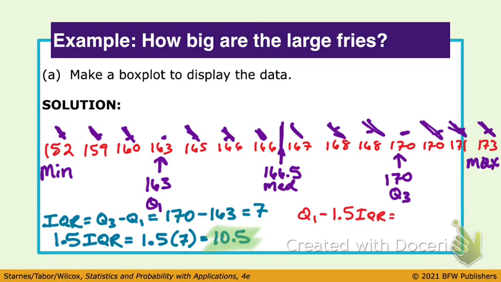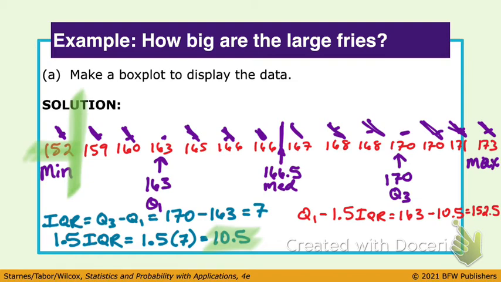So that would be 163 minus 10.5. 152.5. Do we have any numbers that are less than 152.5? Just barely. So the minimum is an outlier. So basically anything less than 152.5 would be an outlier. So 152 is an outlier.